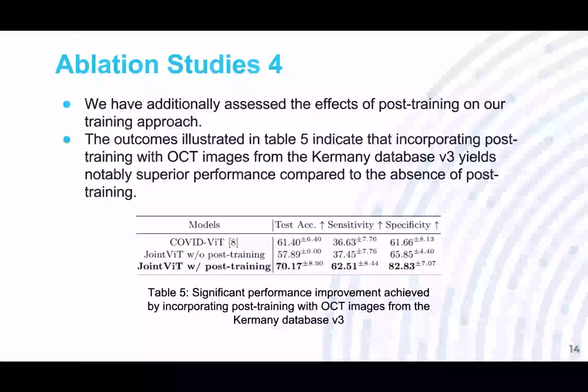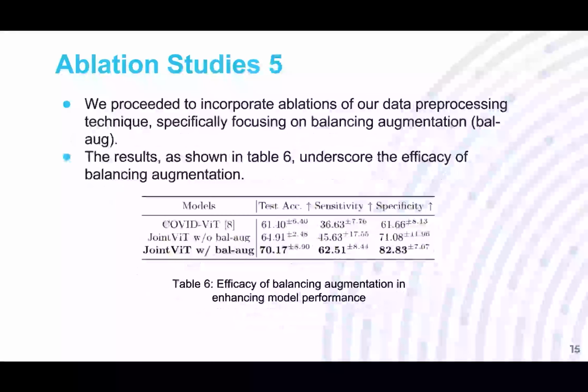We have additionally assessed the effect of post-training on our training approach. The outcomes illustrated in Table 5 indicate that incorporating post-training with OCT images from the Command V3 database yields notably superior performance compared to the absence of post-training.